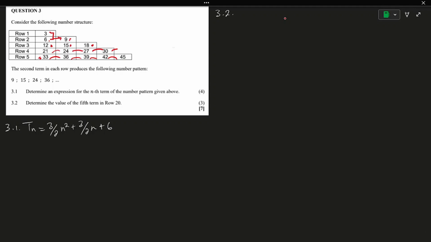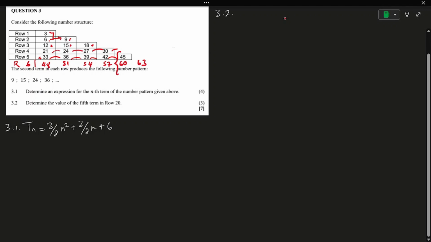So in other words, for row 6, we are going to add 3 from 45, that is going to be 48. Add 3 from 48, that is going to be 51 and 54, and then 57 and 60. Because it's row 6, it needs to have 6 values, so, and 63, like that.